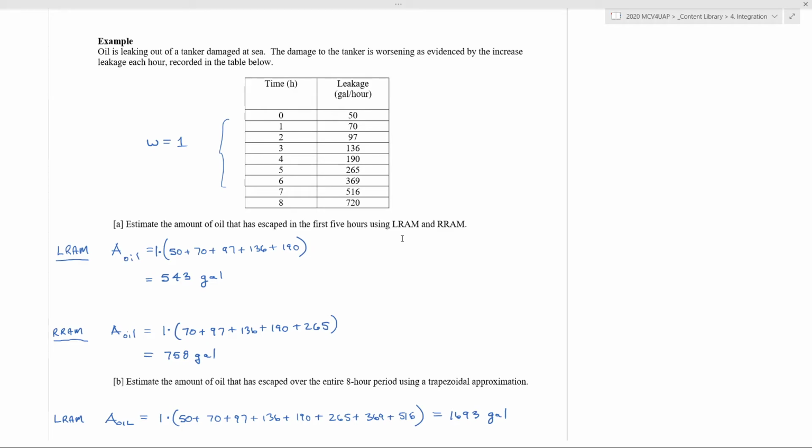That would give us 543 gallons of oil. Again, this is a rate. The area under a rate graph gives us the quantity of whatever's changing. In this case, it's volume. RRAM, same idea. You would get 758 gallons.